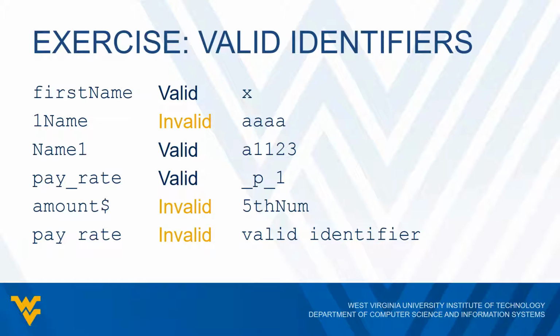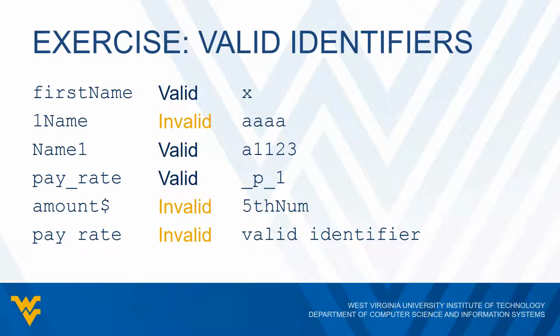"pay rate" with a space is also invalid. We had pay_rate before with an underscore. Underscores are valid characters, but here we have a space, and we explicitly said that spaces are not valid characters for identifiers. We're not allowed to have spaces. Now, if we combine this into one word, that would be valid, but just having pay rate with a space is not a valid identifier.